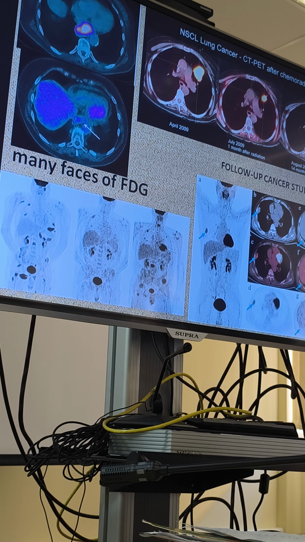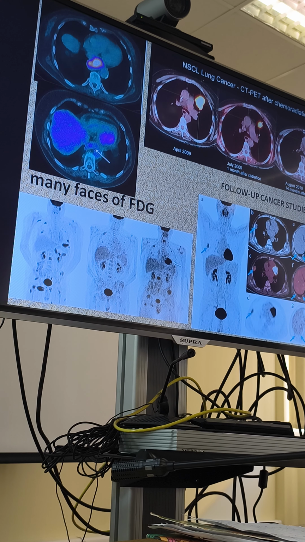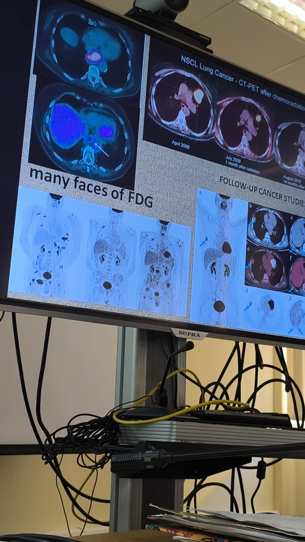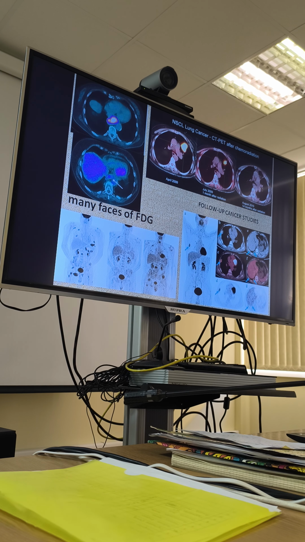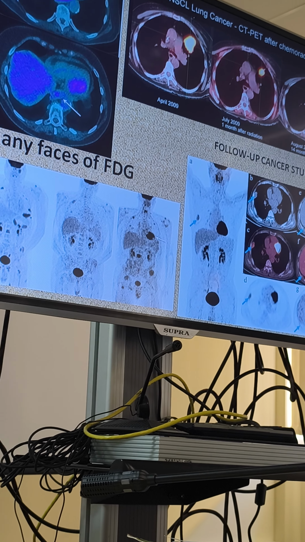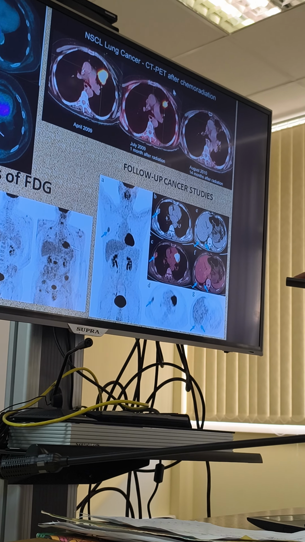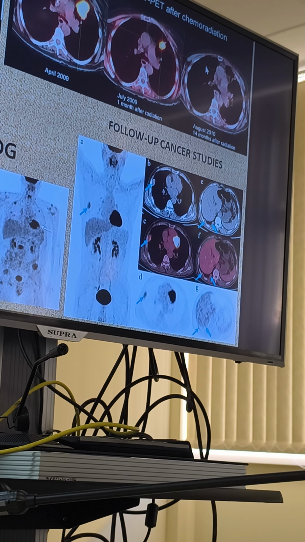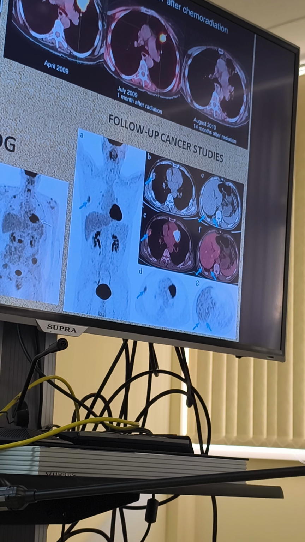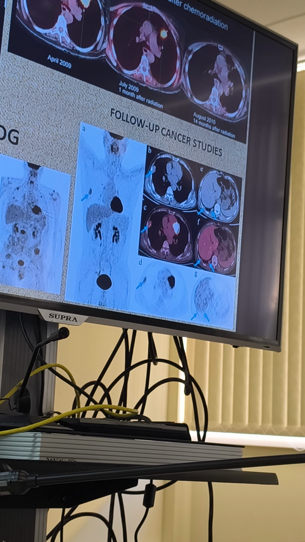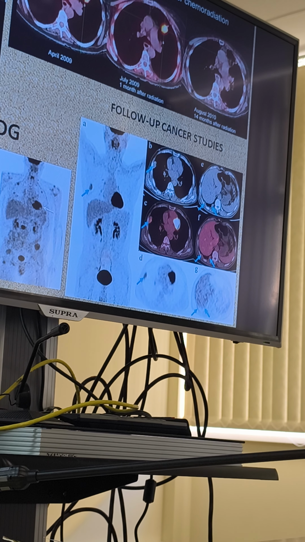We can differentiate remnants from still living tumor, so this is living tumor, so this is important. Another good example, lung cancer, and this lung cancer is at the beginning, 4 months and 14 months after combined chemo and radio treatment. And what do they see? Step by step, first it's smaller in size, and less in uptake.